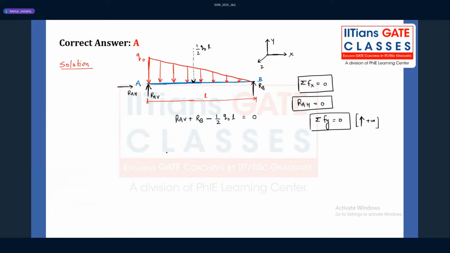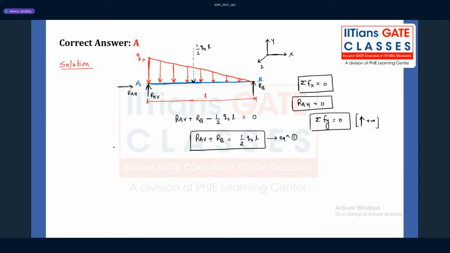So the first equation: RAV plus RB is equal to half of Q naught into L. We may not need this equation, but I'm just mentioning it for reference.